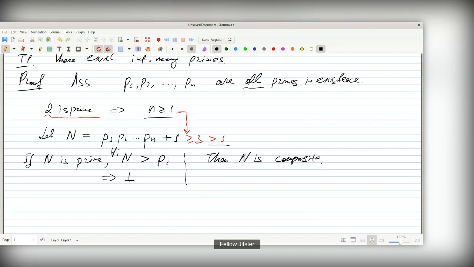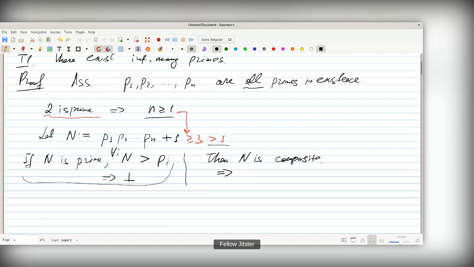Okay, but if it is composite, then there is a non-trivial divisor of this number. And in general, by the fundamental theorem of arithmetics, there is a prime divisor of this number. In fact, considering the case when N was prime is not necessary.